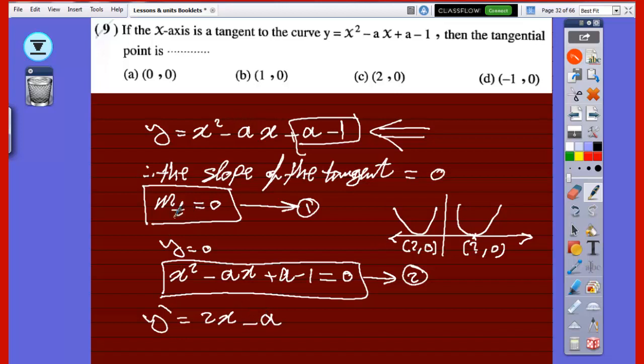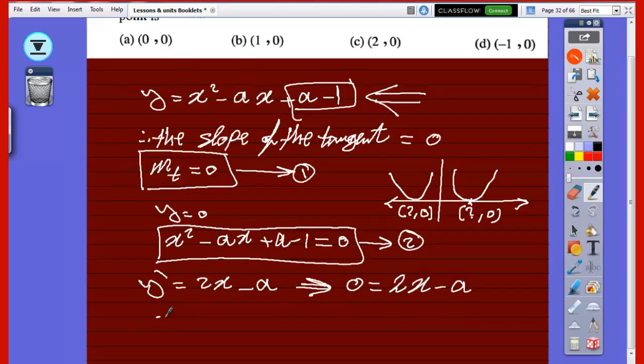But we know that mt equals 0. That means 0 equals 2x minus a, and then x equals a over 2.